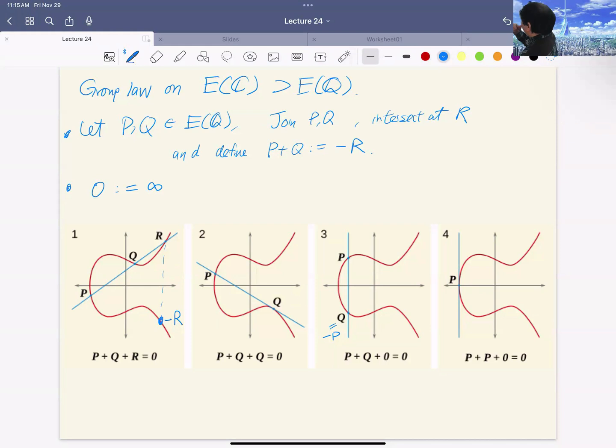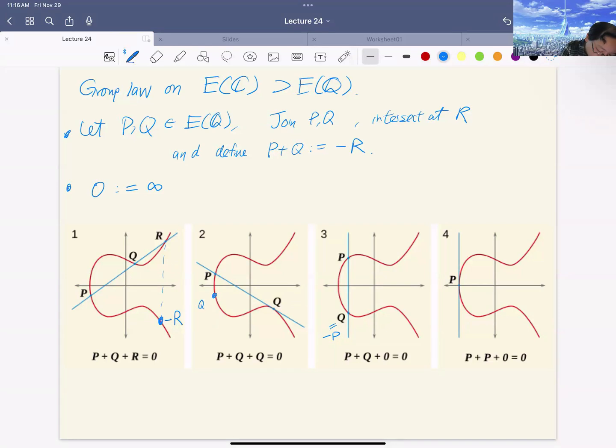There are 2 more special cases. For example, what happens if I want to add Q plus Q? Well, I can't talk about the line joining Q and Q, but we can use a limit and call the line joining Q and Q the tangent line at Q. So Q plus Q will be the intersection of the tangent line at Q with the curve, and then you reflect.